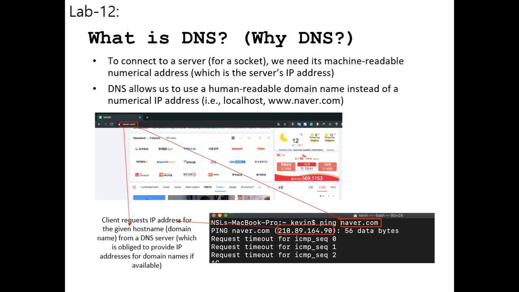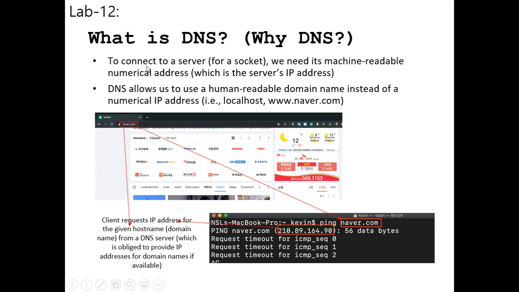That's the thing: you have to know the address, and that address is inside computers. It's covered up by a textual human readable value like naver.com, and naver.com would be translated back to the computer address using DNS, which stands for domain name system.